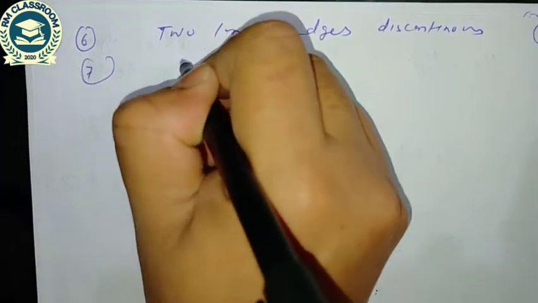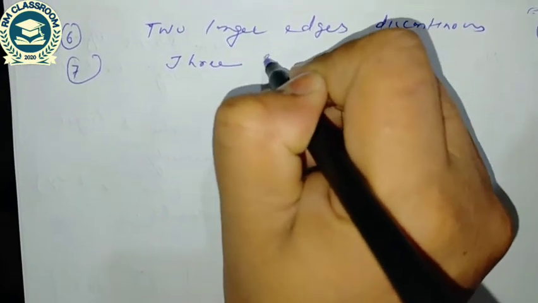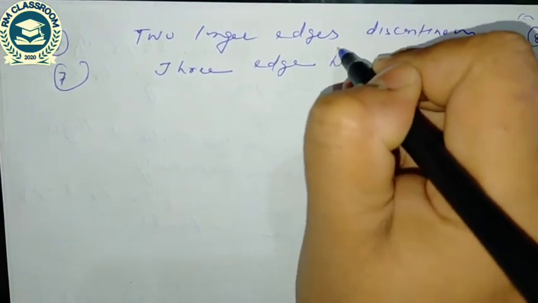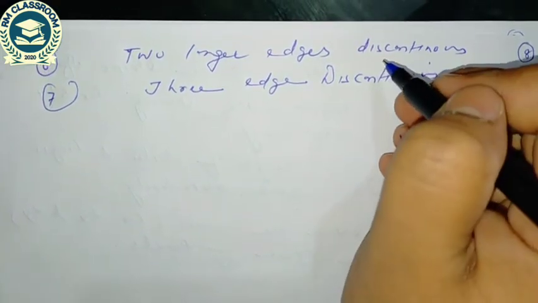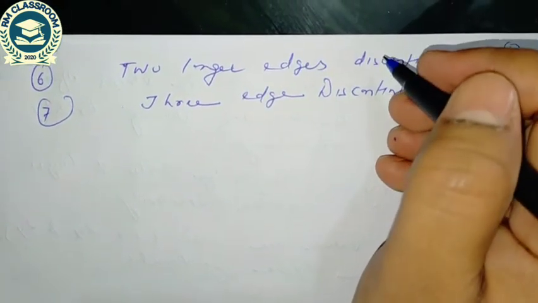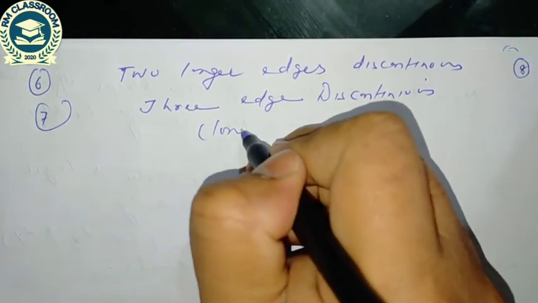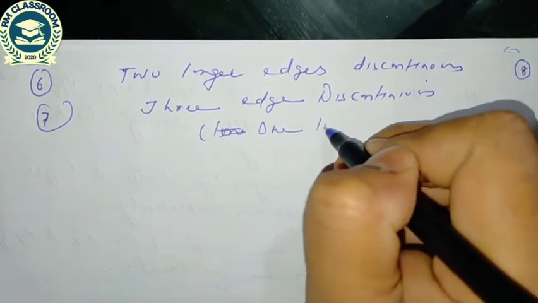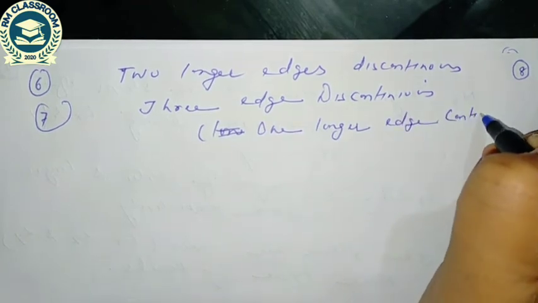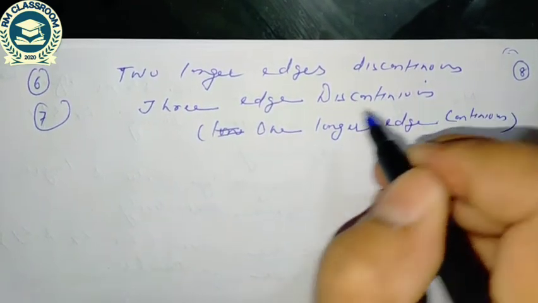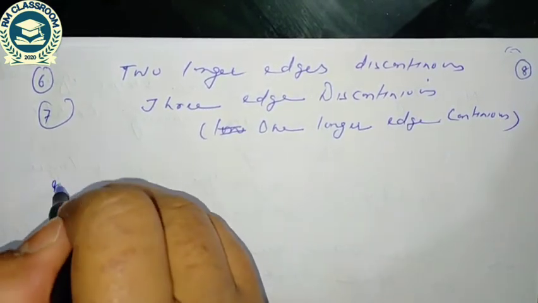Seventh panel is named as three edges discontinuous, which means one longer edge continuous. Three edges discontinuous means one longer edge continuous.